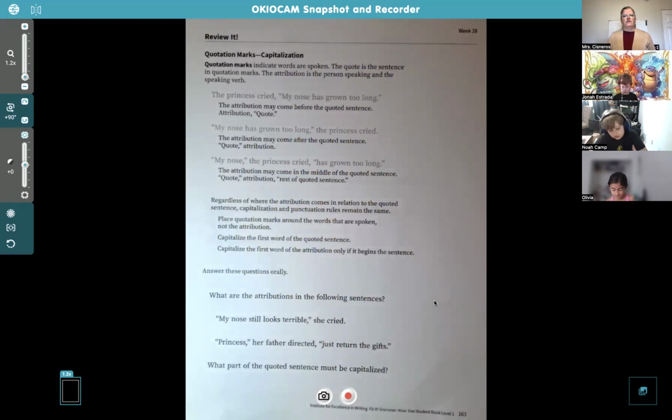The quotation marks indicate the words that are spoken. You put those around what they say. The quote is the sentence in quotation marks, and then the attribution is the person speaking and the speaking verb, like the king yelled, or the princess whispered. So it's telling who's saying it and how they're saying it.